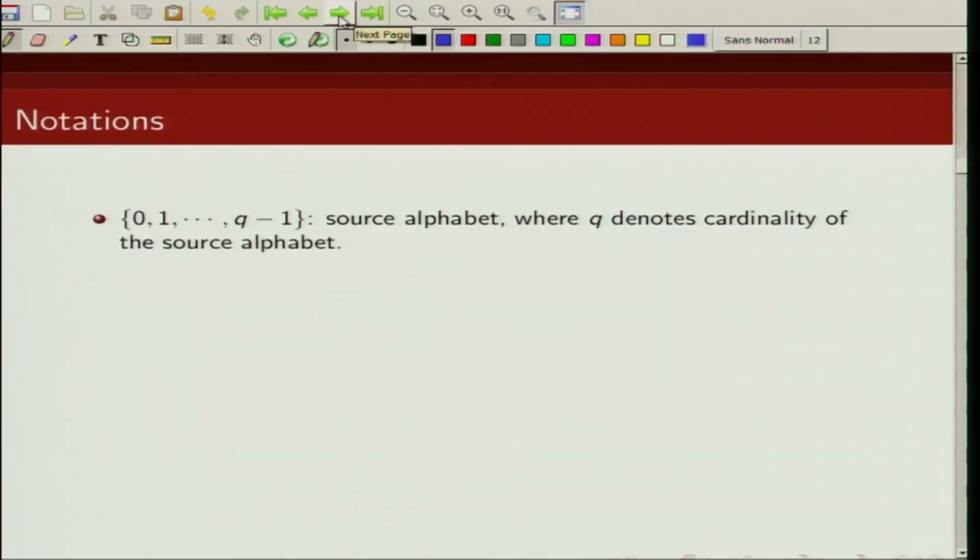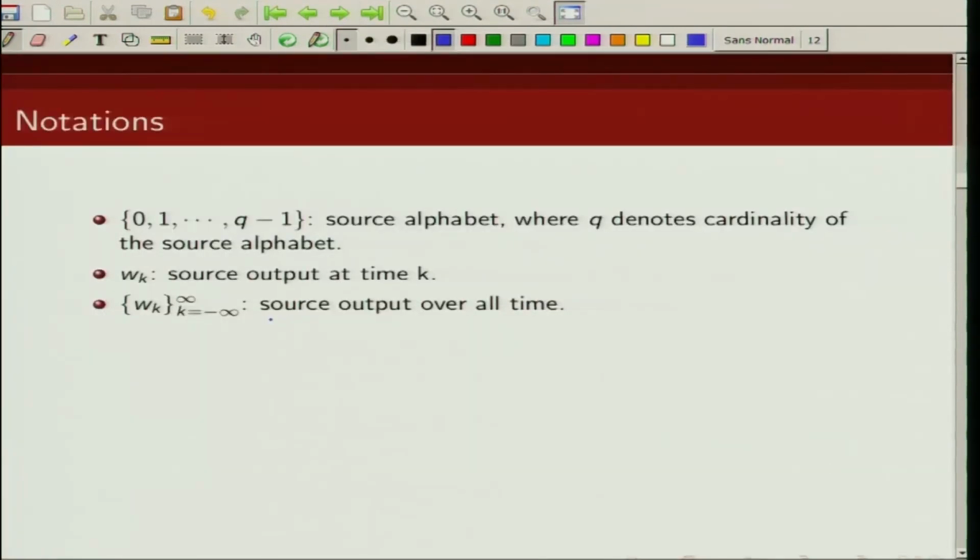So let us first describe the notations that we are going to use for this particular lecture. I'm going to denote my source alphabet by 0, 1, 2, up to Q minus 1, where Q is the cardinality of my source alphabet. The source output is denoted by small w, and w_k denotes the output at time k.